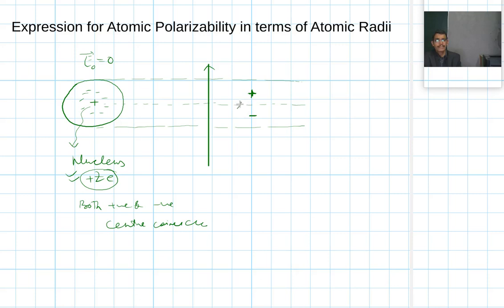Say R is the separation between these two charges. This cloud will shift towards here, and the negative charge moves in this way.